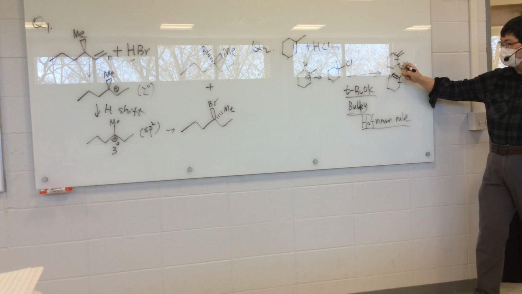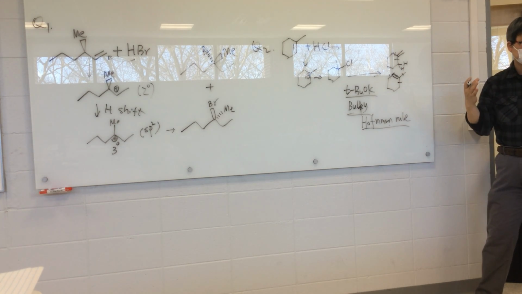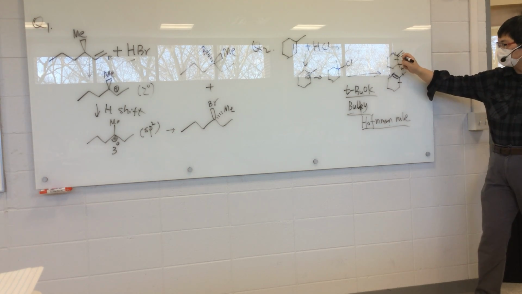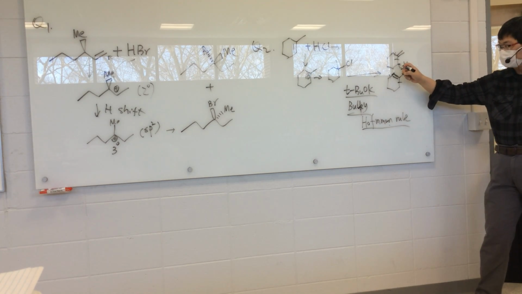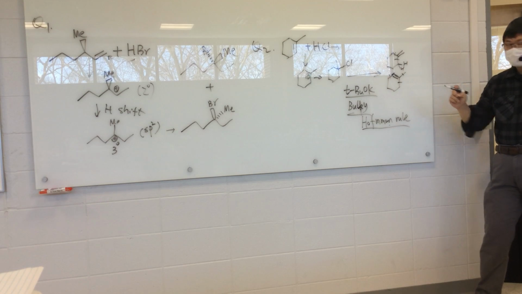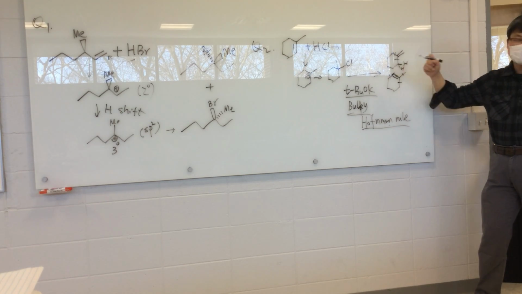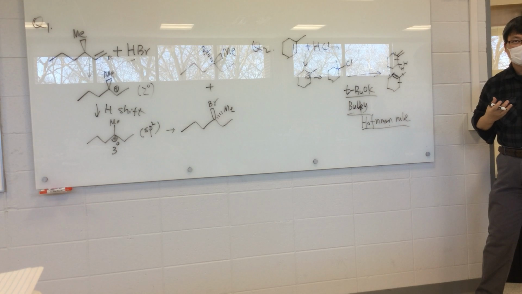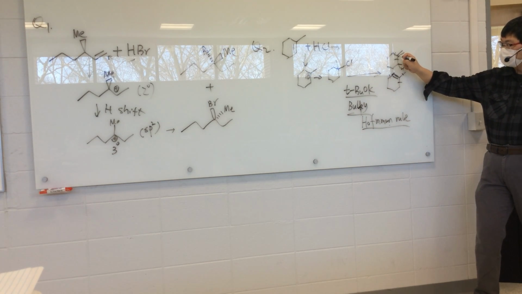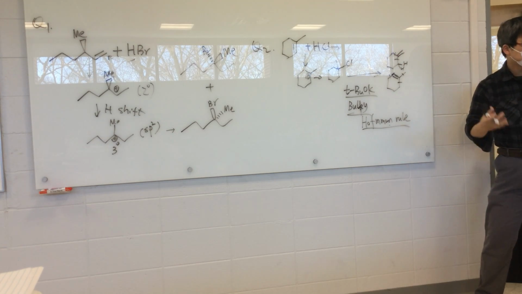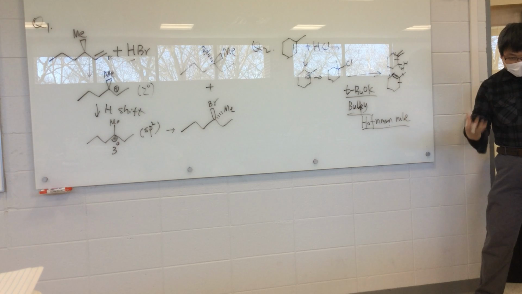And then this double bond can kind of share the electrons from here. So CH2 and CH3 are both electron donating, because this double bond is electron deficient, lacks electrons.